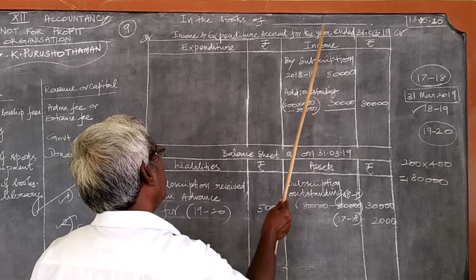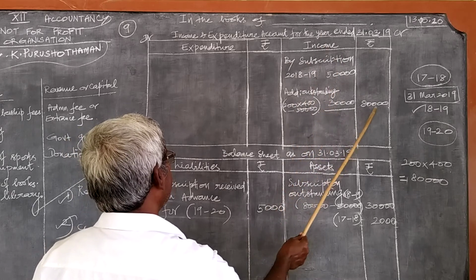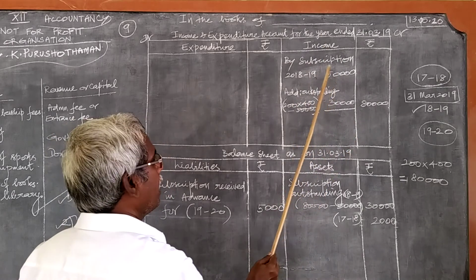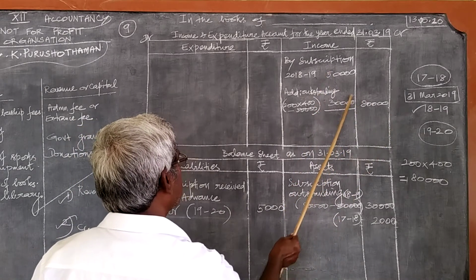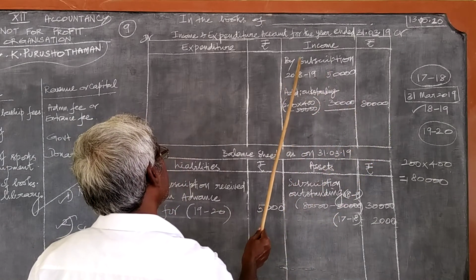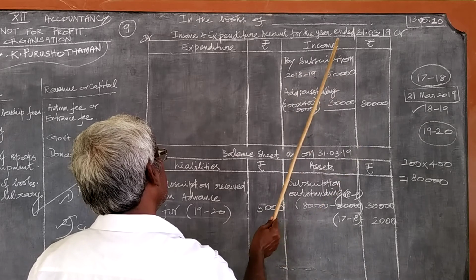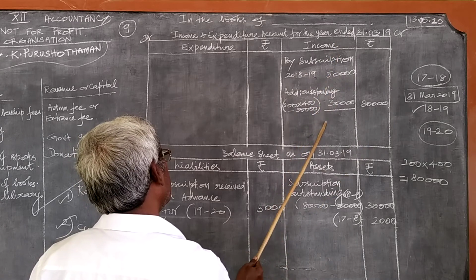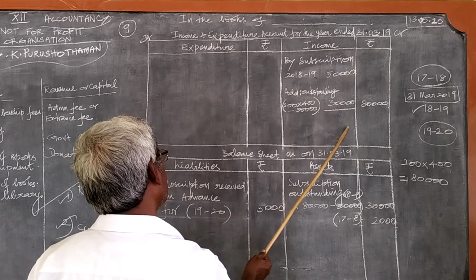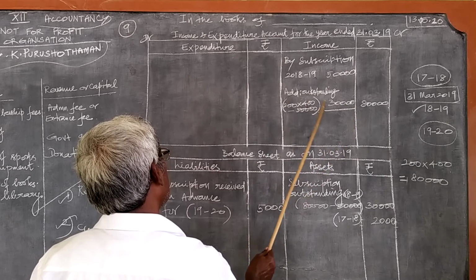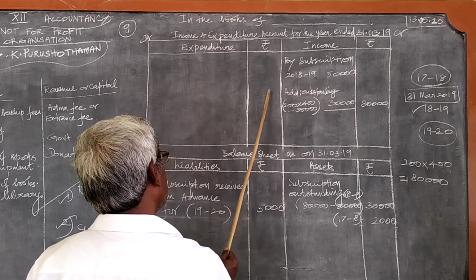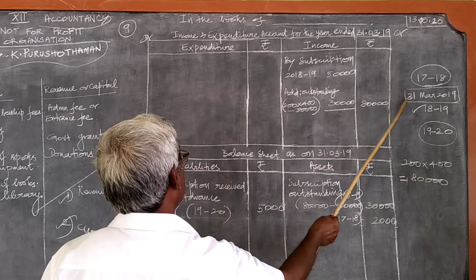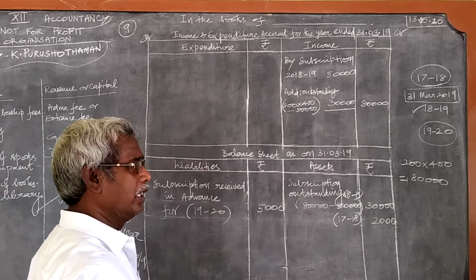You write and find the total of these two and write it here. This is the total amount of subscription for the year 18-19. Received amount 50,000, outstanding amount 30,000. Therefore, for 200 members at the rate of rupees 400, the total amount 80,000 is shown in the account.